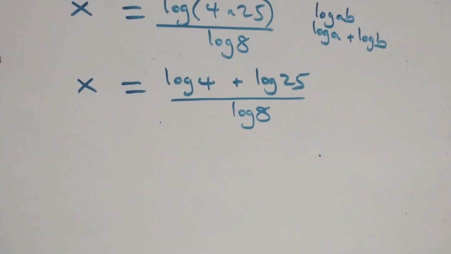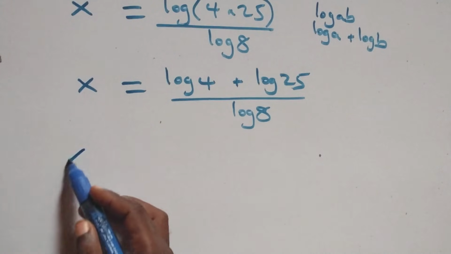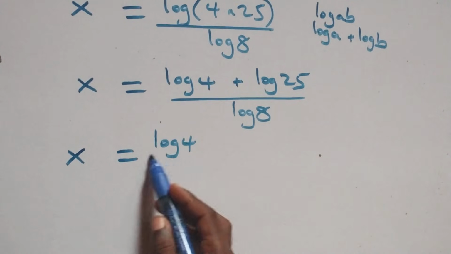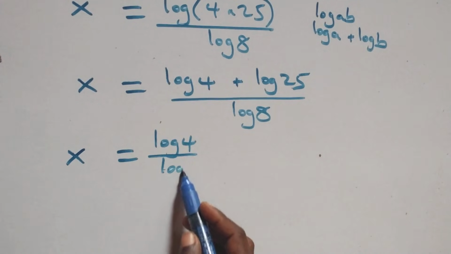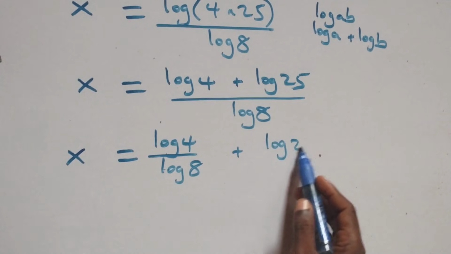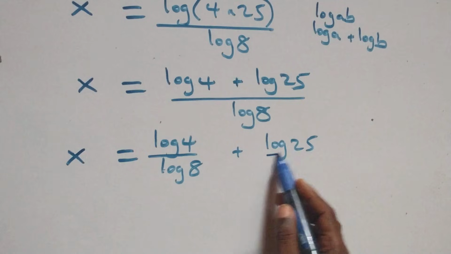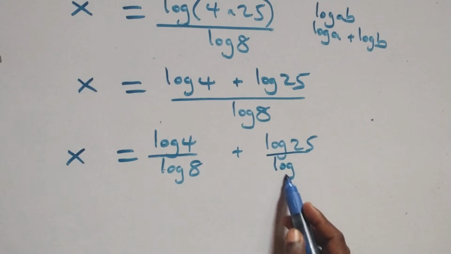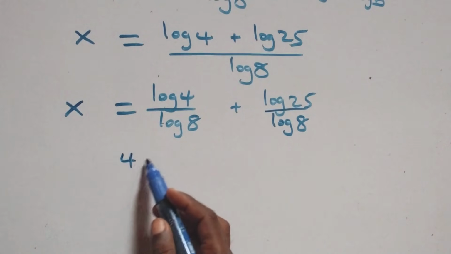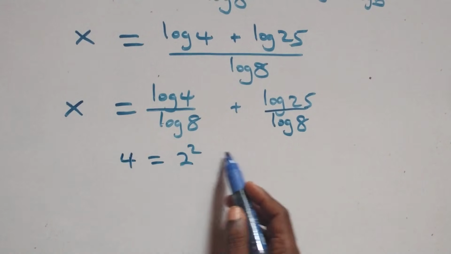Then next step here, separate this into two fractions and we have x equals log 4 over log 8 plus log 25 over log 8. That is, from here, 4 can be expressed as 2 times 2, that's 2 squared.